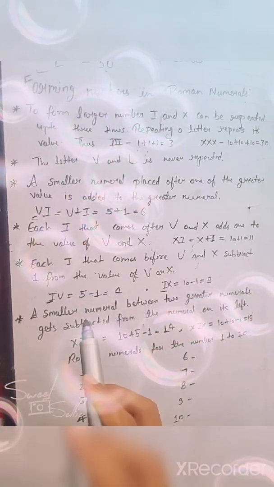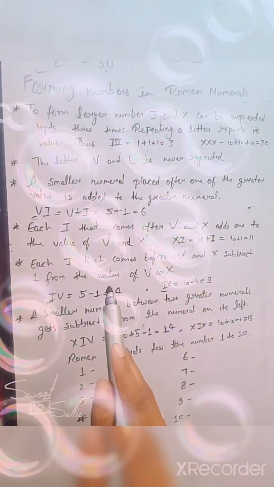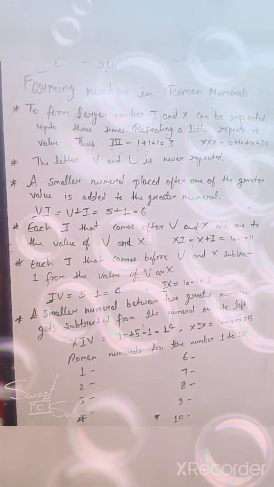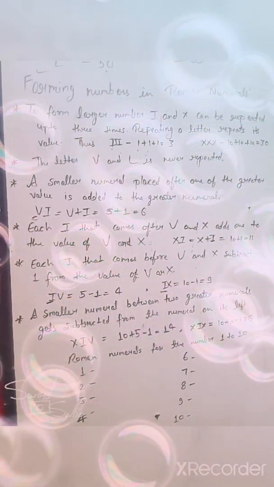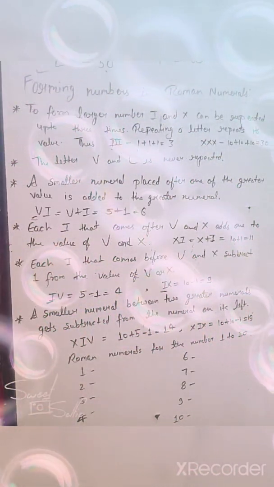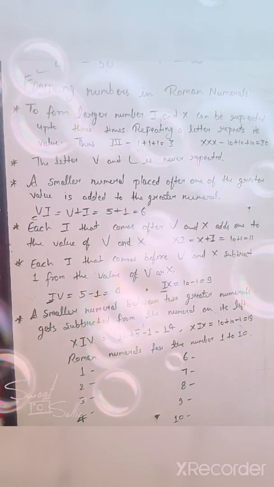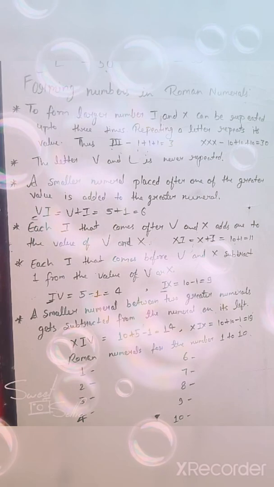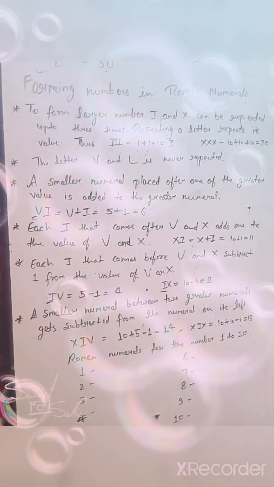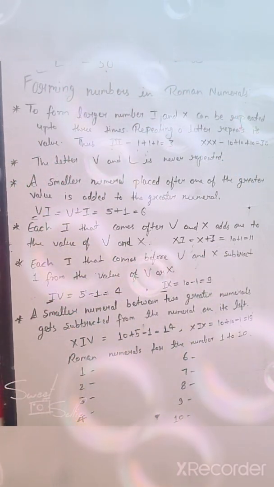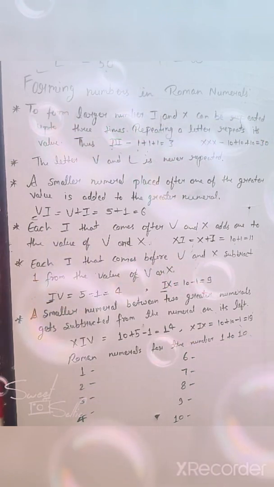It means, किसी V और X के बाद अगर हम I को राइट करते हैं तो वहाँ पे हम I की वैल्यू को V और X में ऐड करेंगे, और अगर हम V और X के पहले, यानी लेफ़्ट साइड में I को लिखते हैं तो वहाँ पे हम I की वैल्यू को सब्ट्रैक्ट करेंगे.